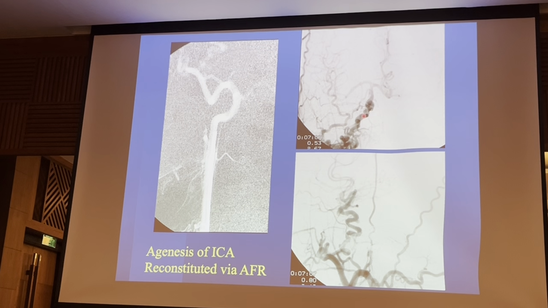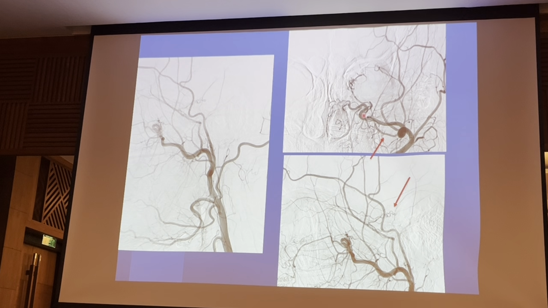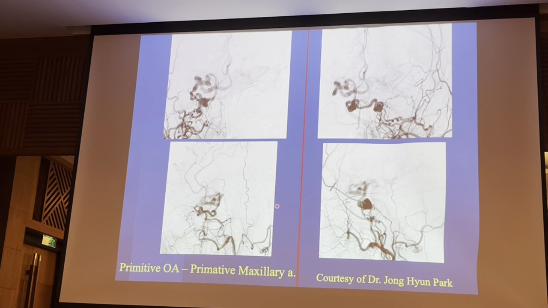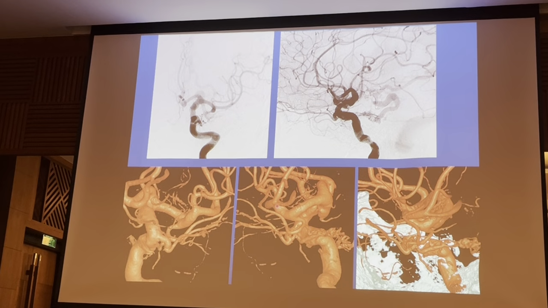This is an example of agenesis of the internal carotid artery, but the ophthalmic artery is filling through accessory meningeal, inferolateral trunk, then ophthalmic artery this way. Okay? And I think I showed these images and discussed them already.